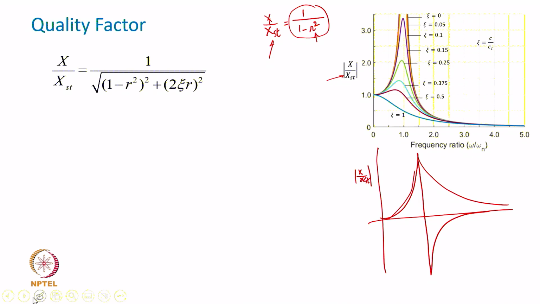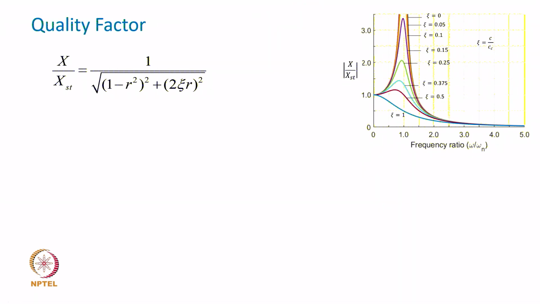So, when you plot this dynamic magnifier, you can notice that this peak is going to happen at a frequency ratio of 1, which means that the excitation frequency is the same as omega n.